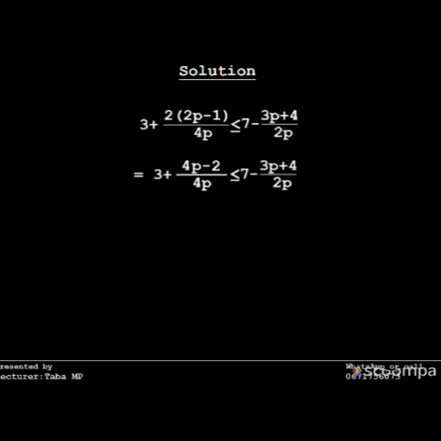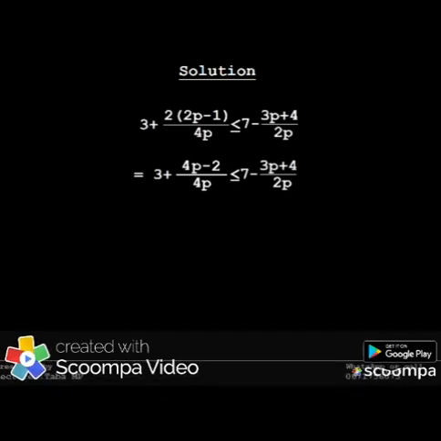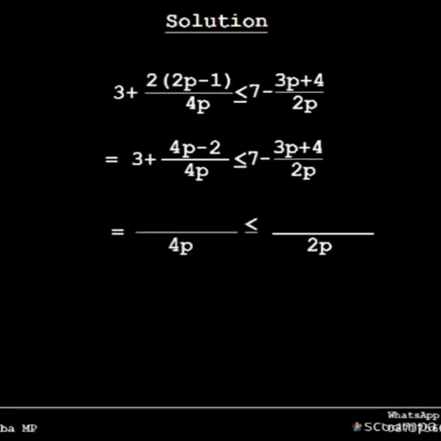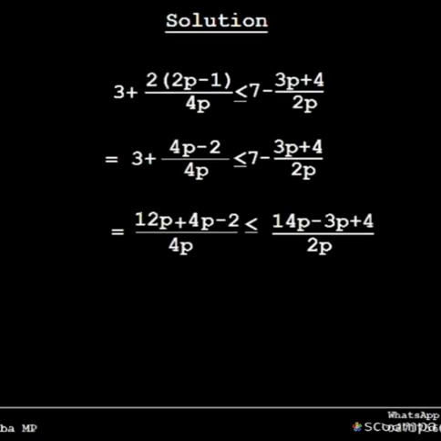The LCD on the left is 4p. After operating correctly using the lowest common denominator, on the left-hand side we will have 12p plus 4p minus 2 all over 4p. On the right-hand side, the lowest common denominator is 2p. After performing the operation using the LCD on the right-hand side, we will have 14p minus 3p plus 4.